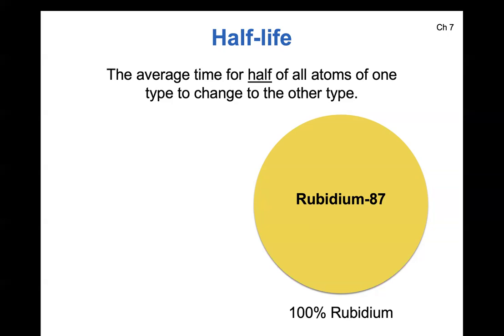The number of protons is fixed and defines the element and its name, but the number of neutrons can vary. And the different number of neutrons are called different isotopes. So in this case, because of the number of neutrons, this version of rubidium is rubidium 87.